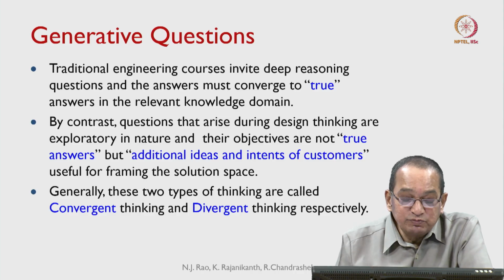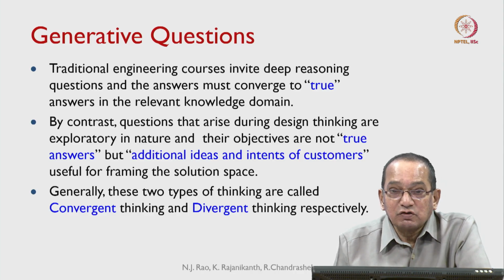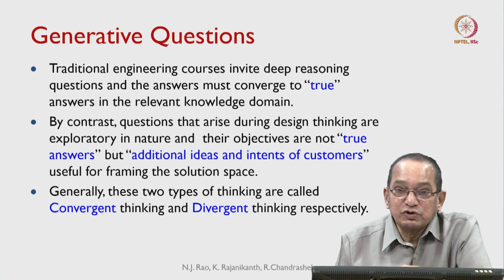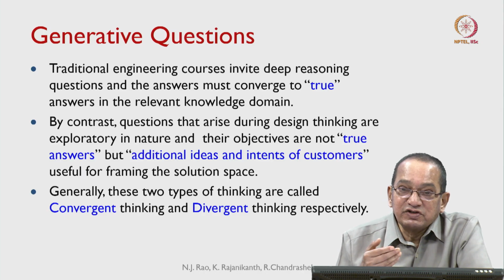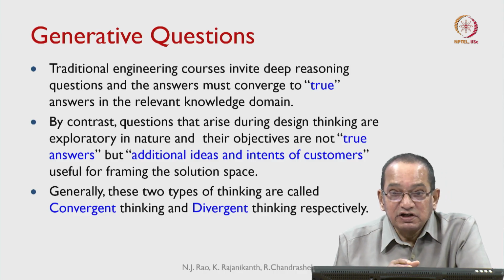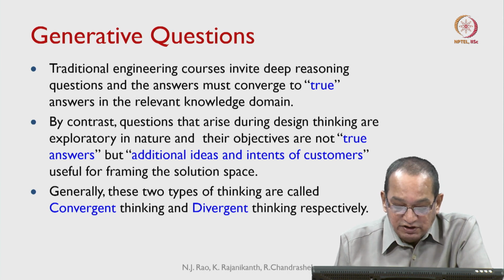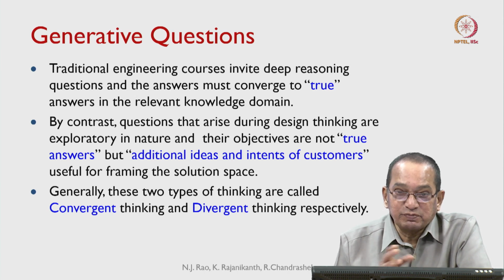So, the objective of the questions during design thinking is quite different from the objective of the questions during the regular conventional engineering courses on analysis. Generally, these two types of thinking are called convergent thinking and divergent thinking respectively.